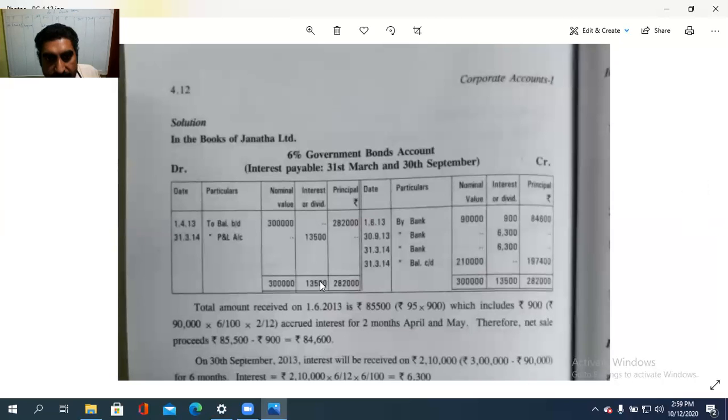Then after that, what is there? The interest is there. How is the interest to be calculated?